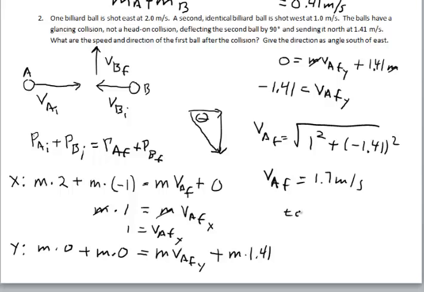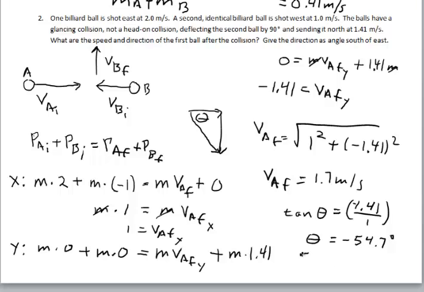And then I solve for the angle. It's inverse tan of negative 1.41 over 1. Solve for the angle, we get negative 54 degrees because you have the negative there.